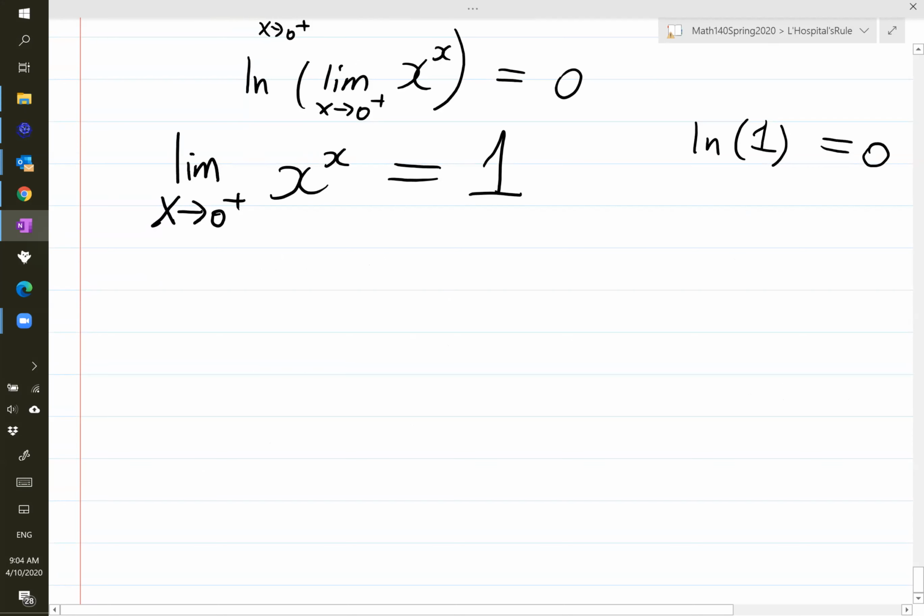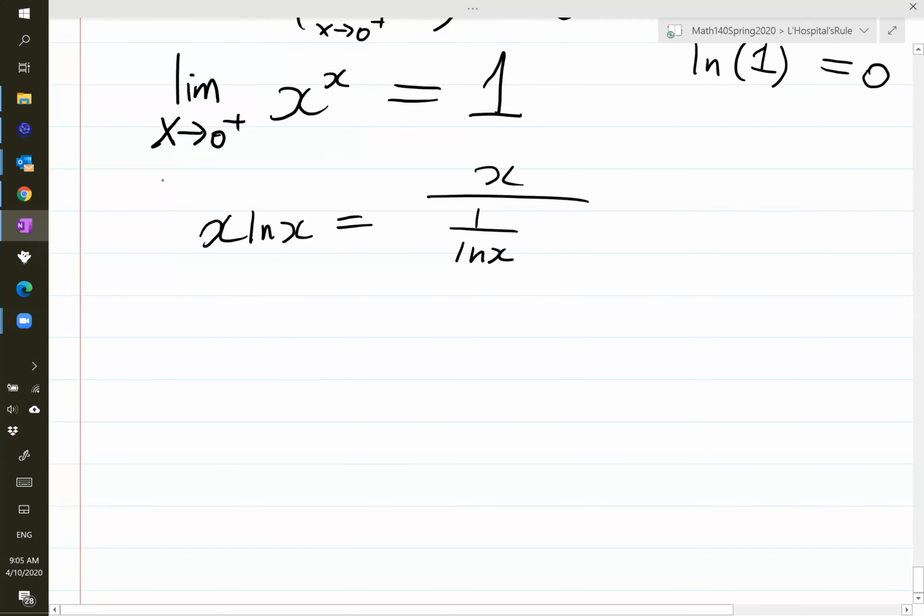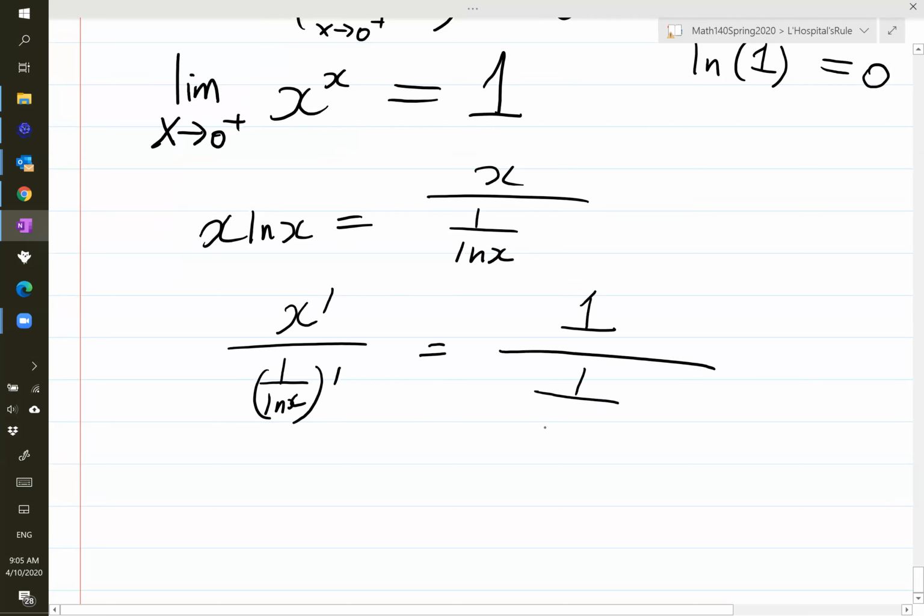Now you may ask, why do we flip x? What happens if we flip log x and write the thing as x over 1 over log x? If you use L'Hopital's rule, the derivative of x is 1, and the derivative of 1 over log x is negative 1 over x times ln squared x by the chain rule.